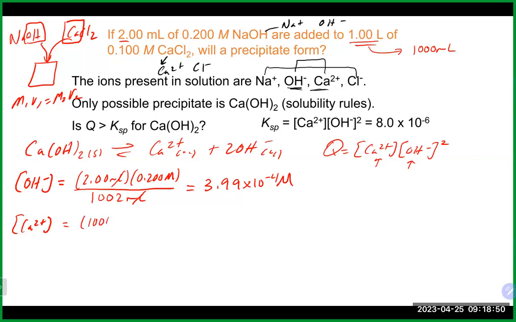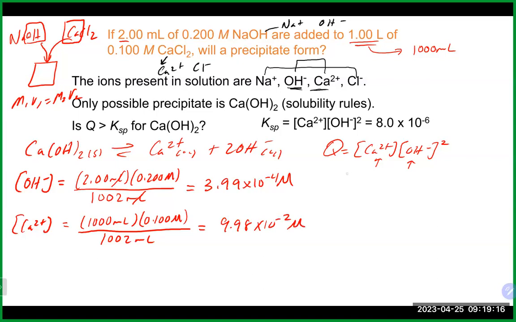So 1,000 milliliters times the concentration, which is 0.1 molar, divided by, again, our total volume of 1,002 milliliters. Gives us 1,000 times 0.1 divided by 1,002. Will give us 9.98 times 10 to the minus 2 molar.